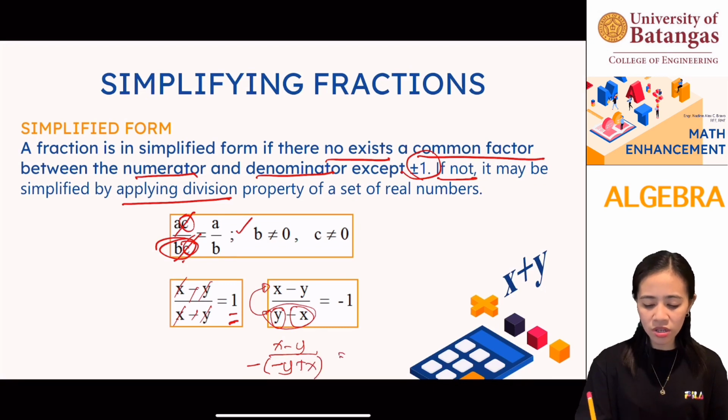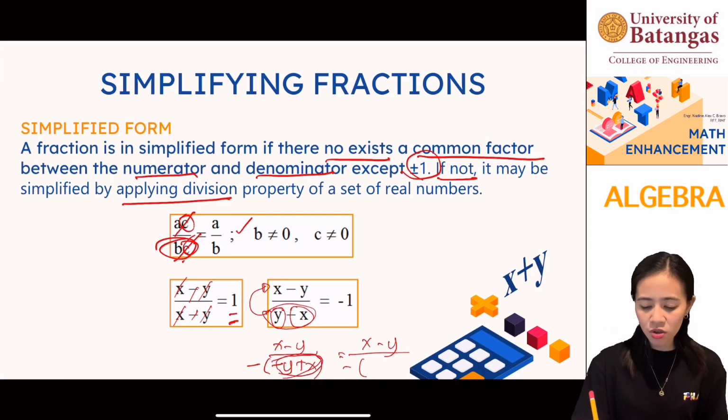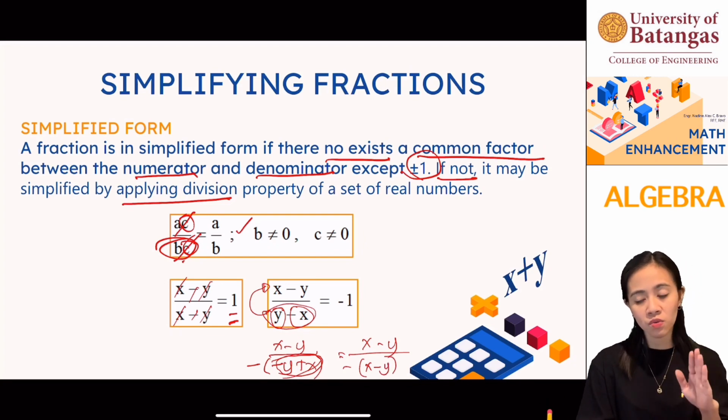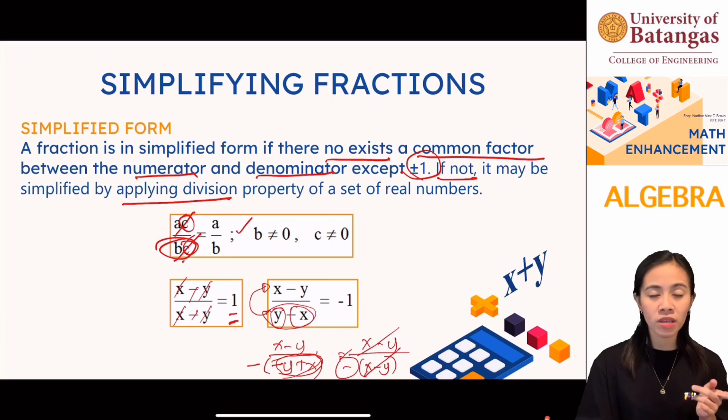And if you arrange that, that would be x minus y all over the negative of, we can change the position since addition is commutative. So you can put the positive x first and then followed by negative y. In that case, you have x minus y all over x minus y, which will be canceled, but you'll be left with the negative sign, or simply a negative 1.